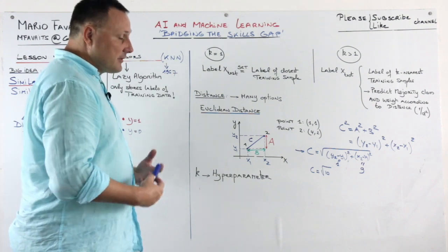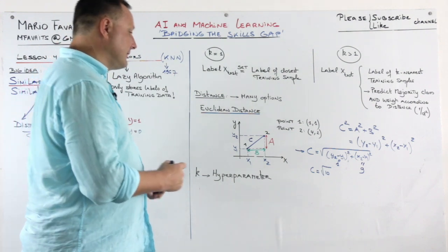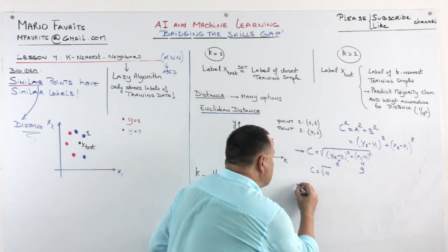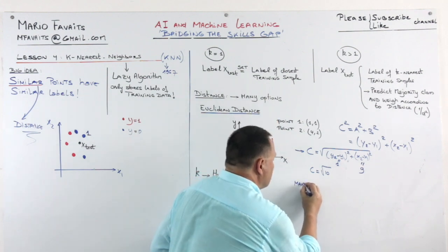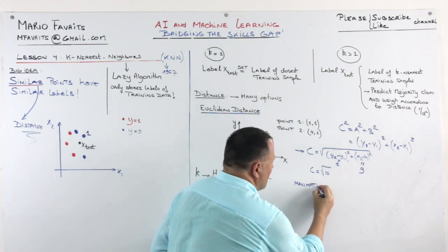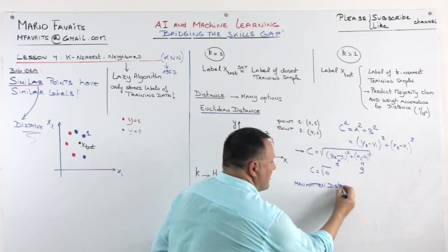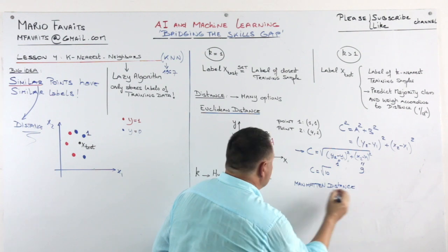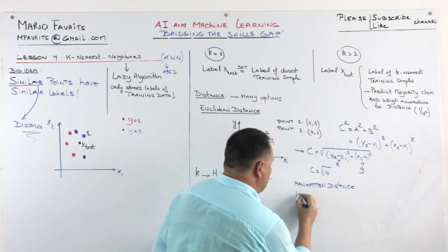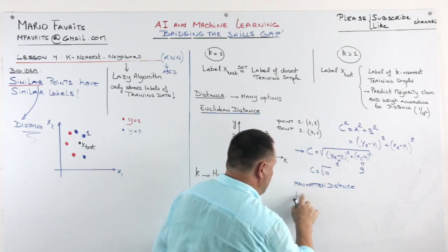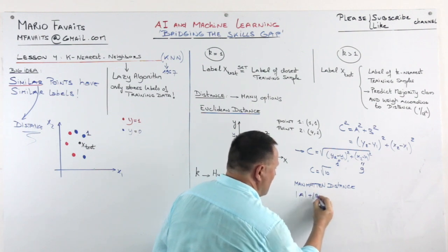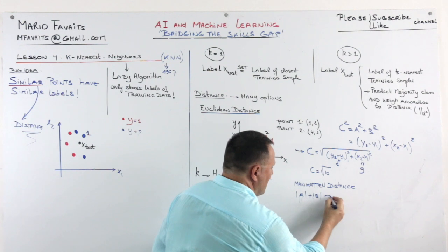Now there's other ways of expressing distance, and one of the other ways is Manhattan distance. What's the Manhattan distance? Well, it's basically a plus b, in absolute value.